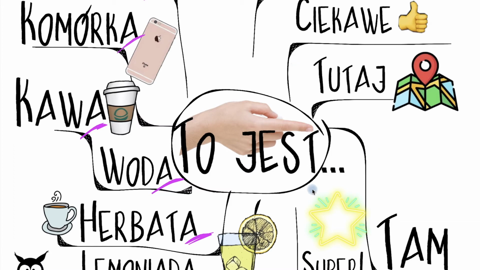So on this part of our chart or a poster, whatever you want to call it, there are no nouns. We've got some adjectives like nudne, ciekawe, and at this stage I don't want you to worry too much about what part of speech that is.